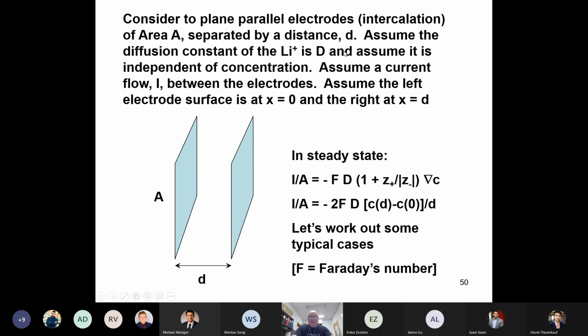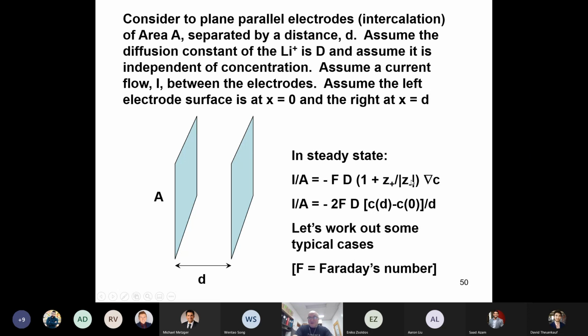But anyway, the point is that if you assume the diffusion constant of the lithium is D, and assume it's independent of the concentration, then when you initiate a current flow between the electrodes, and assume that one of them is at 0 and the other is at a distance D, you can show that in the steady state, when the current is established and flowing between these electrodes, the current density, in amps per meter squared, is given by Faraday's number times the diffusion constant, which you could use in amps per centimeter squared with the diffusion constant in centimeters squared per second, times 1 plus the charge of the positive ion over the magnitude of the charge of the negative ion.